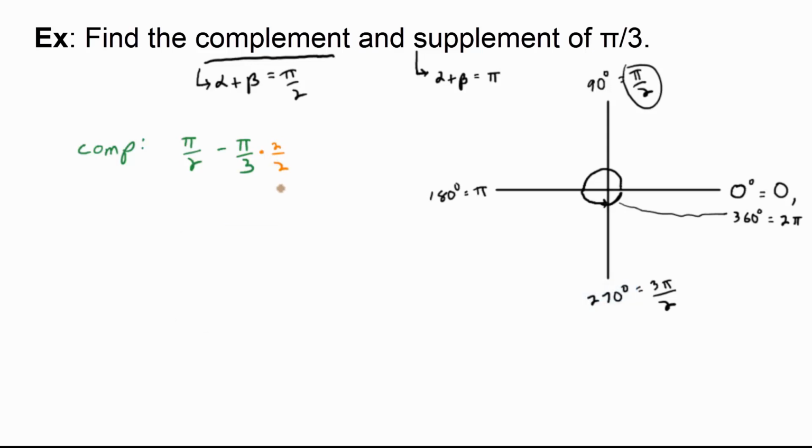And then what would we multiply pi over 2 by? 3/3, another conversion factor. You might not have thought of it that way in the past, but that's what it is. And so what do you get? If you multiply straight across, you get 3 pi over 6. Let's put everything over 6.